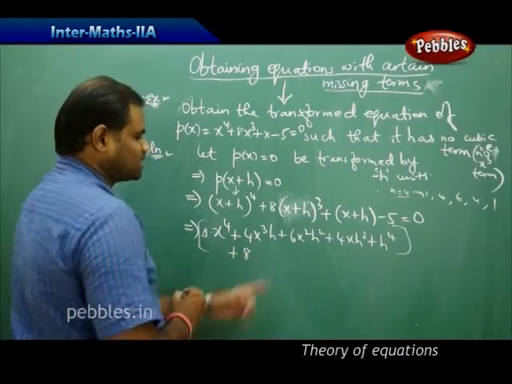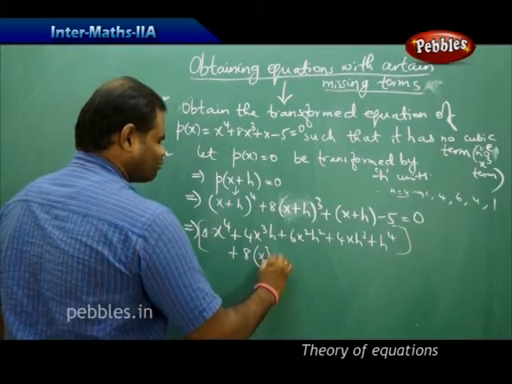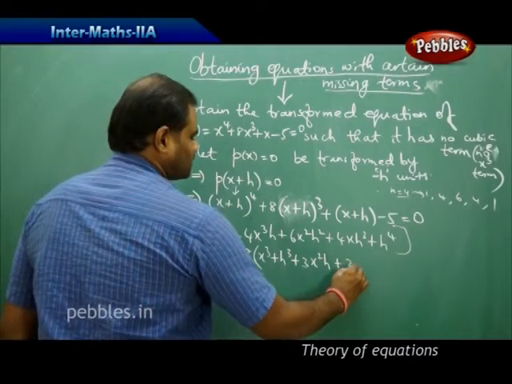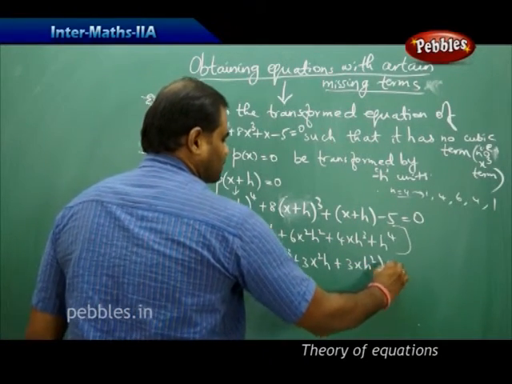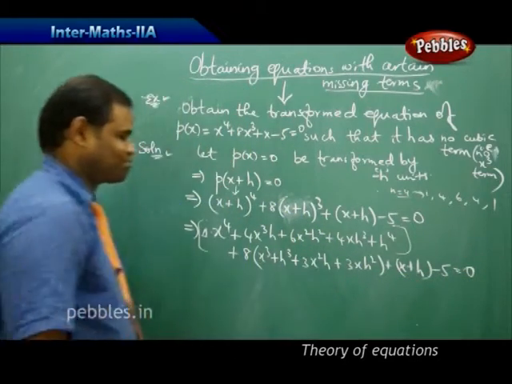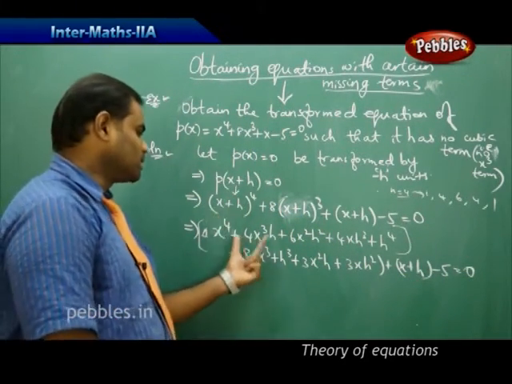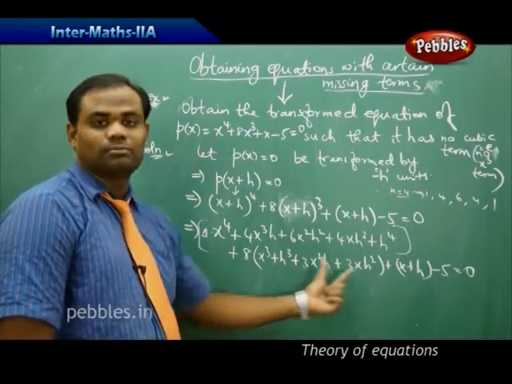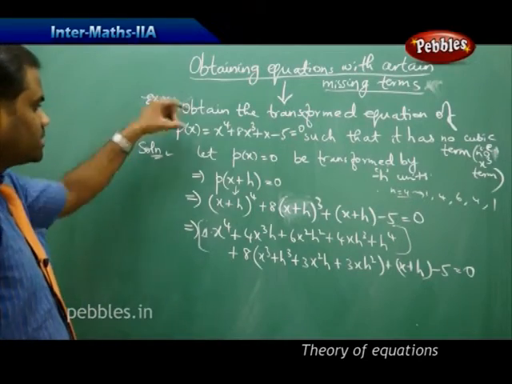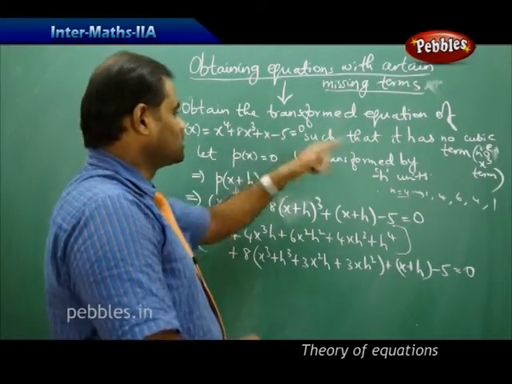Next, this is nothing but (a plus b) whole cube, which is a cube plus b cube plus 3a square b plus 3a b squared, plus x plus h minus 5 equal to 0. That is what I get in this entire expansion, and the rest of it is the same.